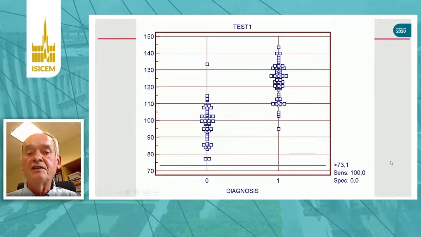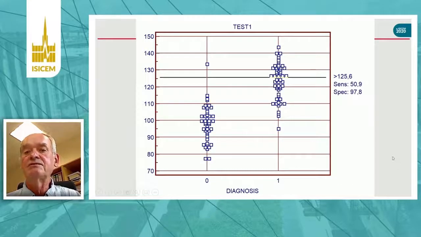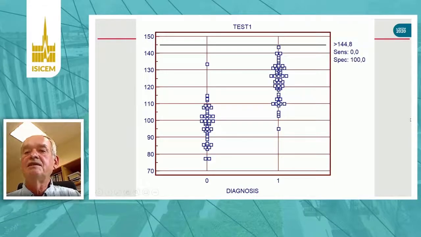And if you go further down, you finally have 100% sensitivity. You catch all the sick patients, but however, you lose all the healthy patients, so you have no specificity anymore. And the same holds true for the other side. You can increase the threshold, lose sensitivity, and increase the specificity. And finally, you can reach a specificity of 100 and lose completely the sensitivity.